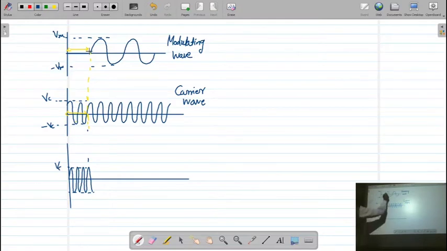Now after that the information starts to superpose on the carrier wave, so here the waveform will be like this.